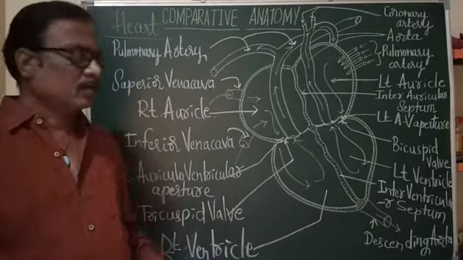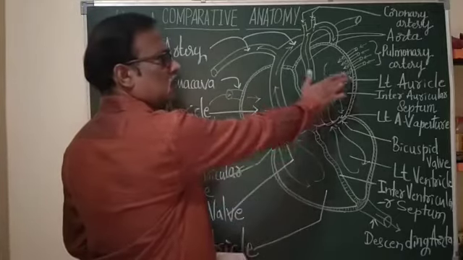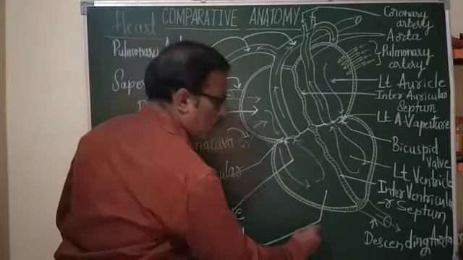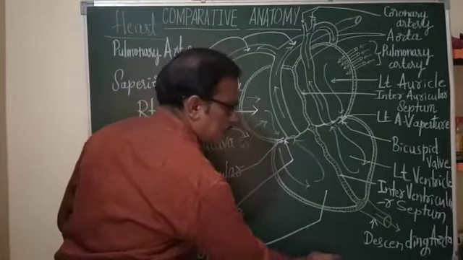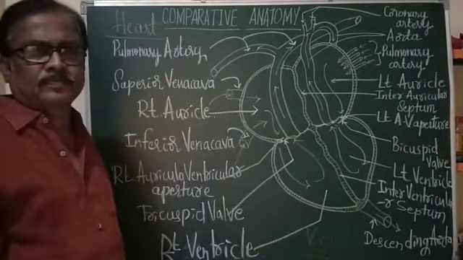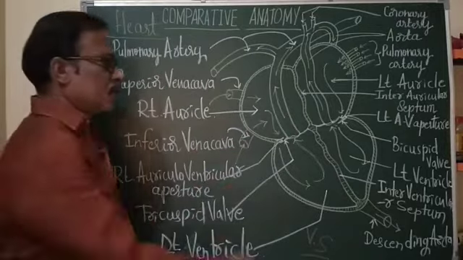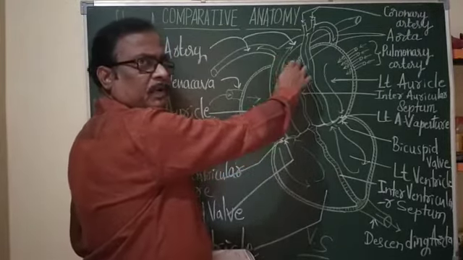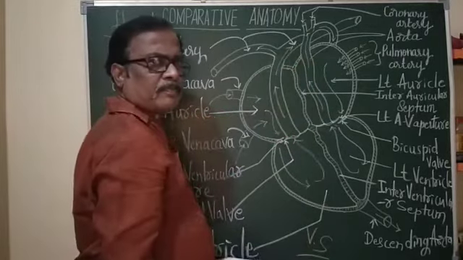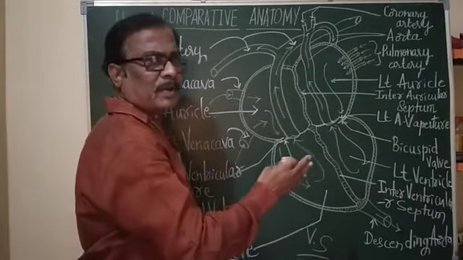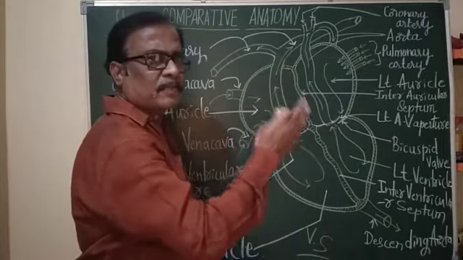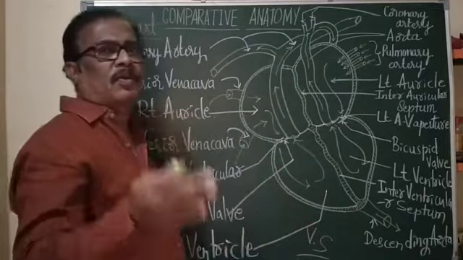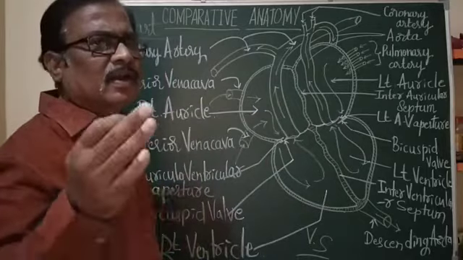I have not shown the outer structures of the heart. Directly we have drawn the vertical section of the heart here. Externally, the heart is covered by a membrane called pericardium. In between the wall and the membrane, there is pericardial fluid, which protects the heart from shocks and little injuries.